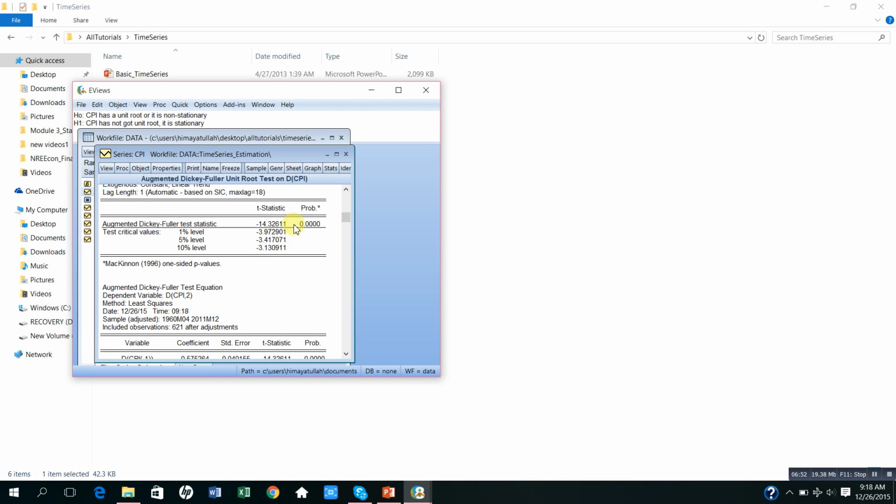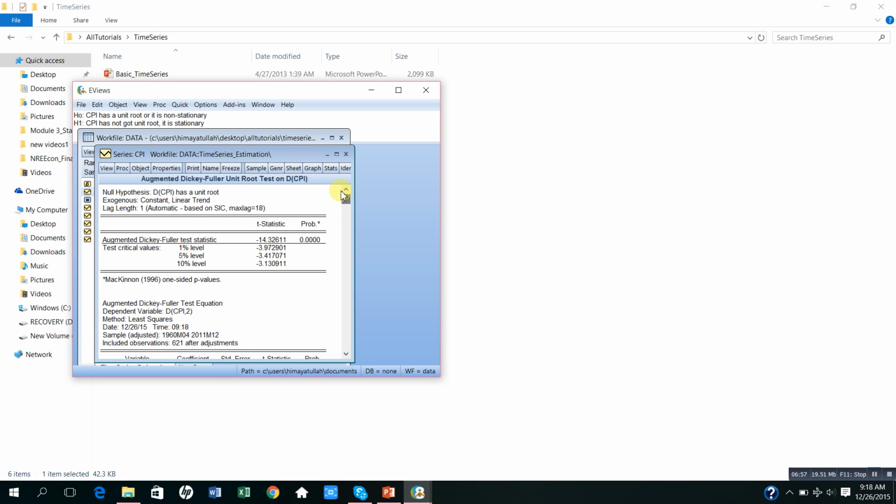So we now reject the null hypothesis, and we conclude that the series of CPI in its first difference is stationary. So we have now converted a non-stationary series CPI into a stationary series by taking the first difference. This is how you can do the augmented Dickey-Fuller test for converting non-stationary data into stationary data.